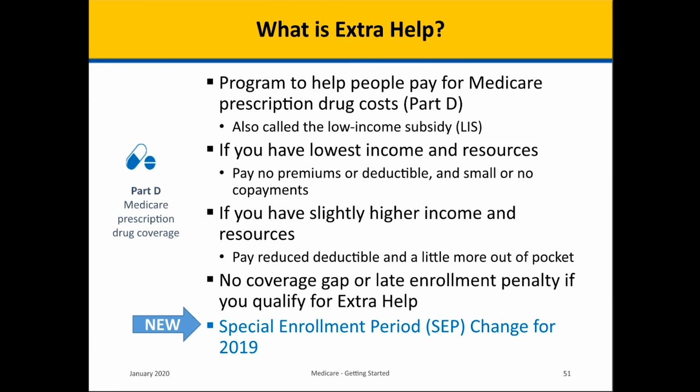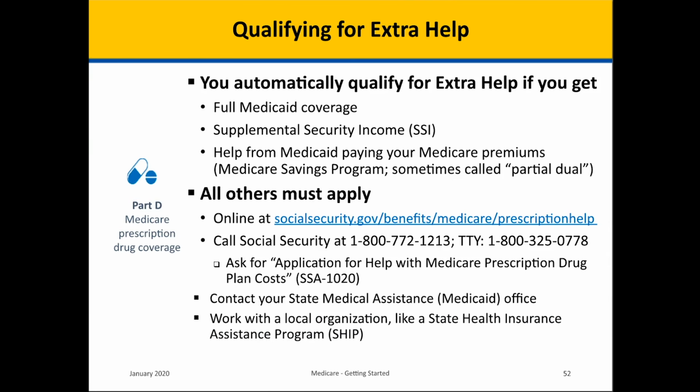If you have the lowest income and resources, you'll pay no premiums or deductibles and have small or no co-payments. If you have a slightly higher income and resources, you'll have a reduced deductible and pay a little more out of pocket. If you qualify for Extra Help, you won't have a coverage gap or Part D LEPs. Next slide, please. Qualifying for Extra Help.